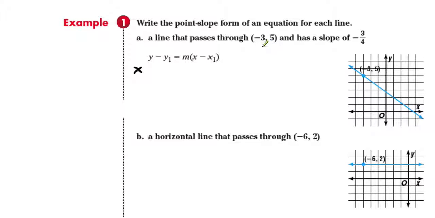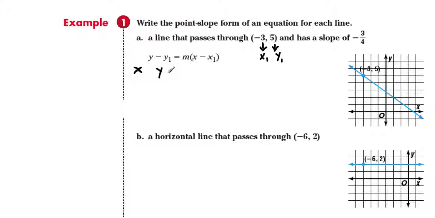Let's label our point: let's make this x sub 1 and this y sub 1. After we substitute x sub 1, y sub 1, and the slope, this is how it will look.